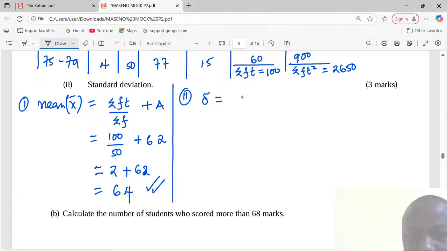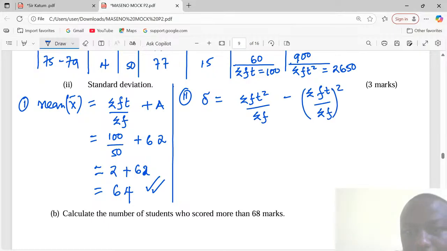All right, we need to take now summation of f of t squared out of summation of f. Then we subtract the summation of ft out of the summation of f, but this part alone squared. This will give us variance.